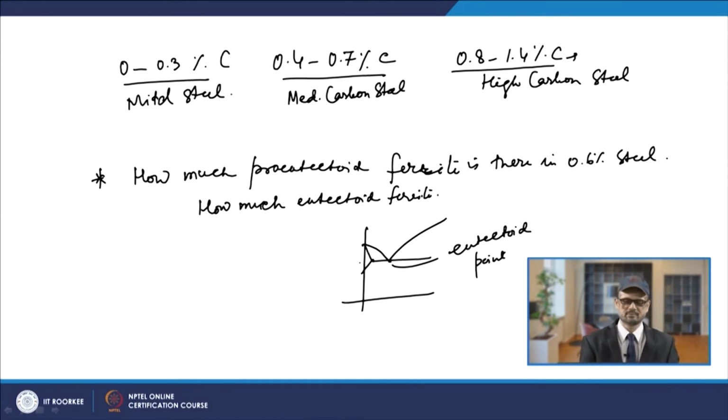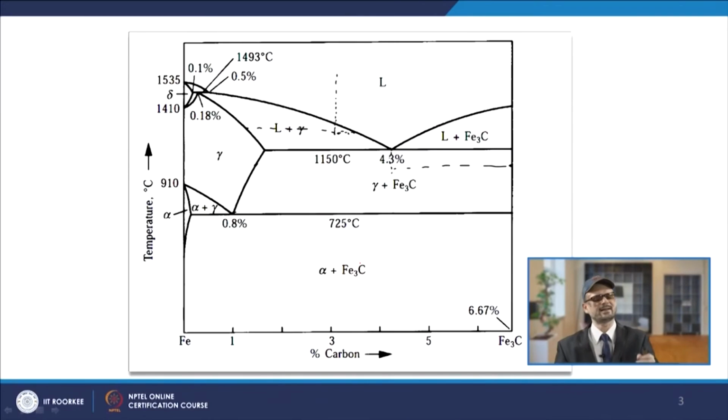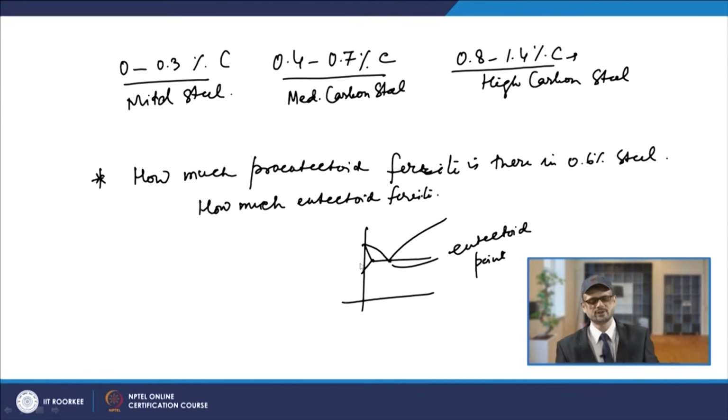This point you can take as negligible, and you have 0.8 here. Now, if you want to find the pro-eutectoid ferrite, this is 0.8 and you are talking about this composition, that is your 0.6% carbon.